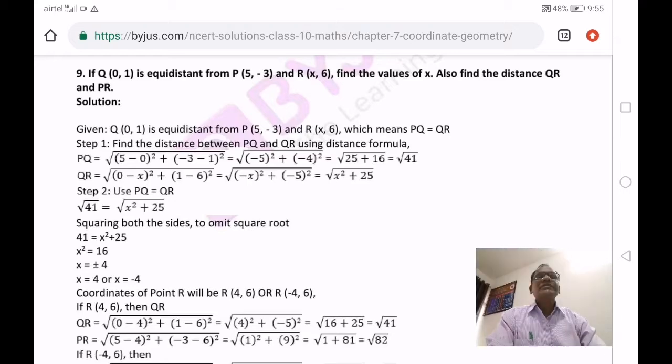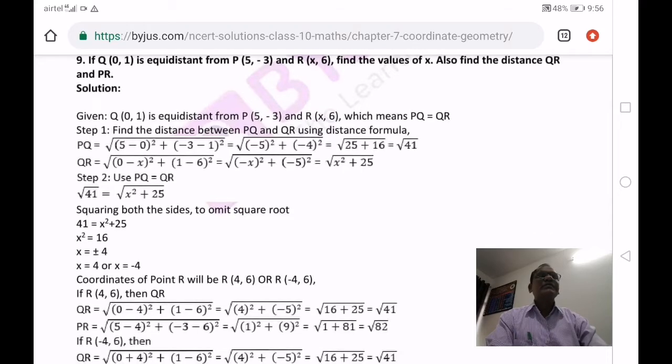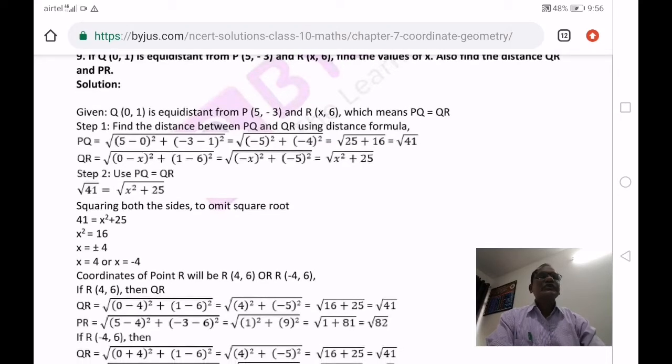What is the distance formula? Square root of (x2 minus x1) whole square plus (y2 minus y1) whole square. Here, 0 minus 5 whole square, or otherwise 5 minus 0 whole square, and next -3 minus 1 whole square. Therefore 5 minus 0 whole square means 5 square, and -3 minus 1 means minus 4 whole square. 25 plus 16 equals the square root of 41.